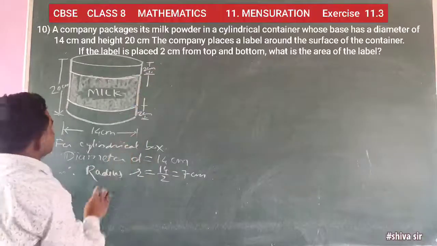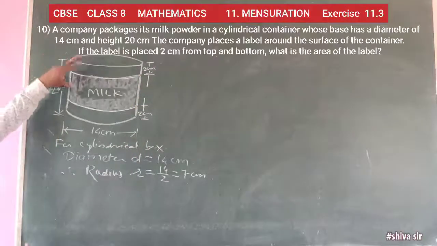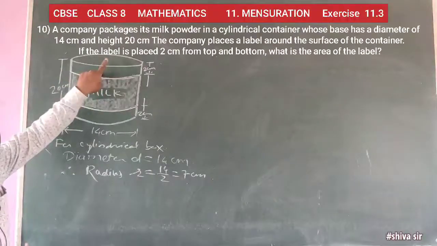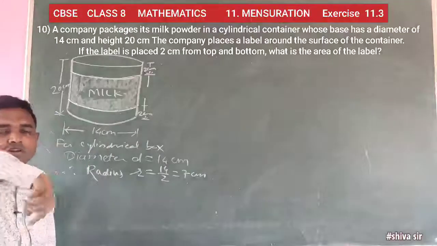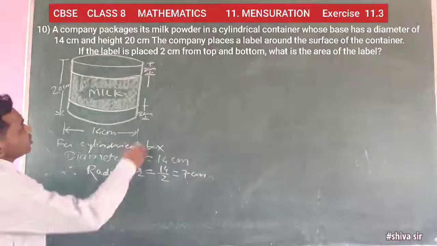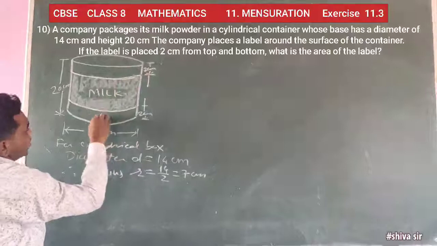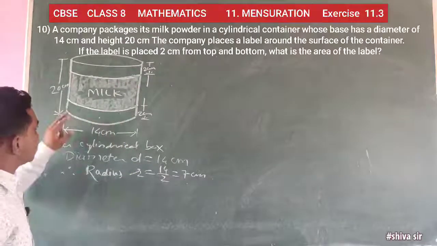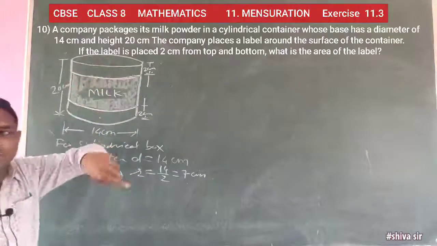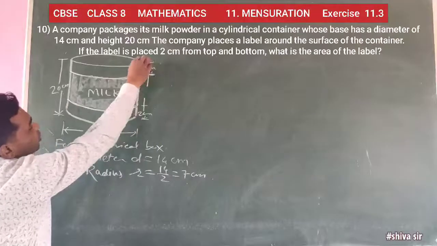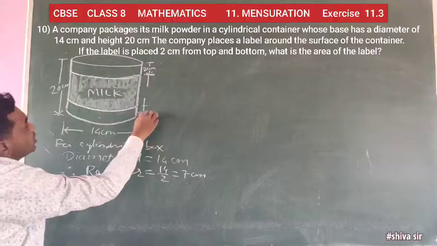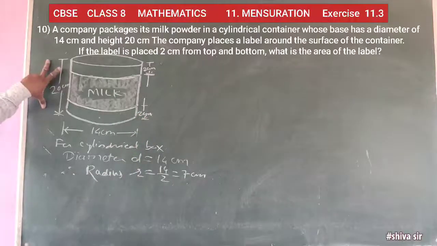We have to find the area of this label. The label is placed around the cylindrical curve, so the radius of the box is the same as the radius of the label, and the 2 centimeter from the top and bottom is neglected from the total height of the cylinder.